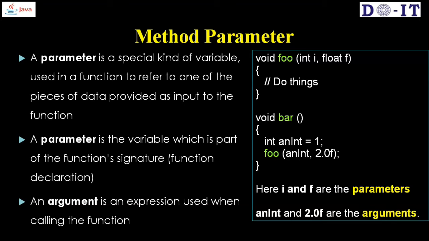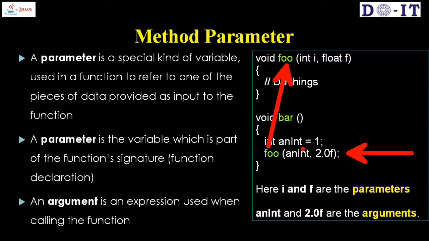Foo takes two parameters, whereas bar does not take any parameter. Both are void methods. And if you're trying to call foo from bar, if you notice in this particular line in bar, we are calling foo, which is technically calling the foo method from this point.